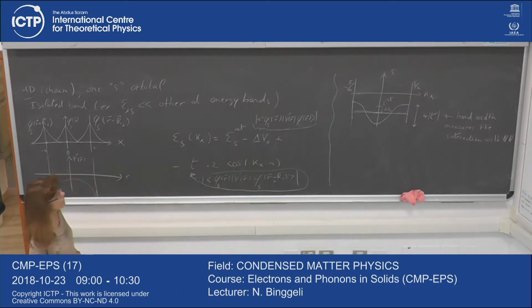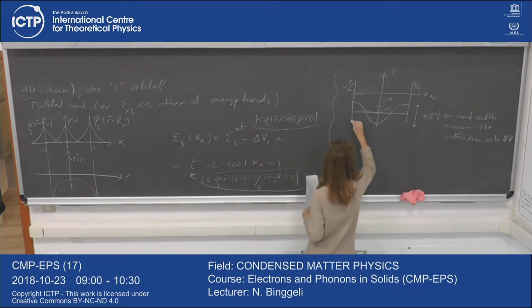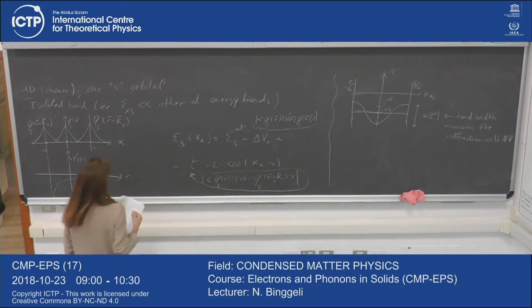So this is how a tight binding band looks in one dimension for the case of a chain of atoms in the limit of the isolated band. Okay?